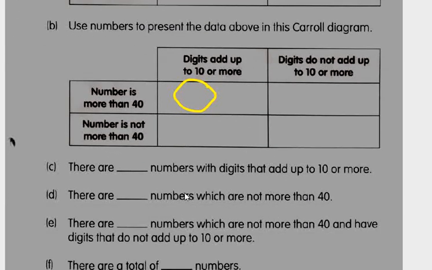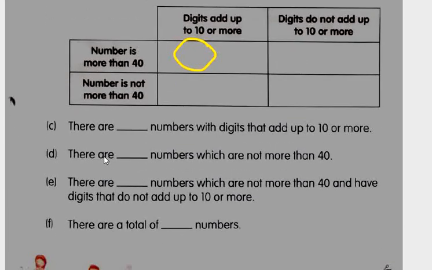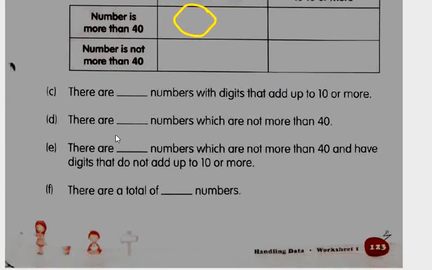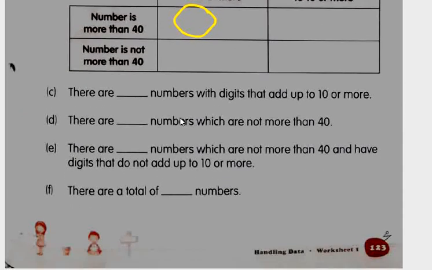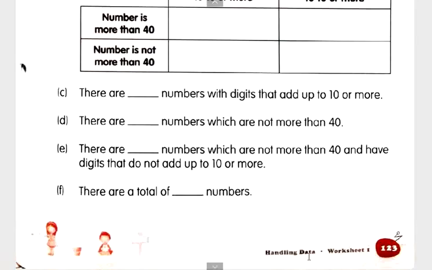Then answer the question. The question is just the same as the previous one, so I'm sure you can do that by yourself. I give it to you to do on your own.